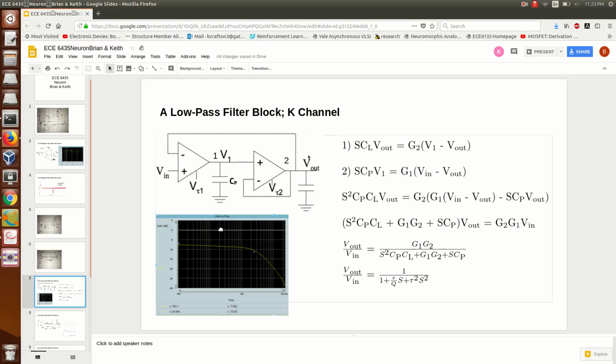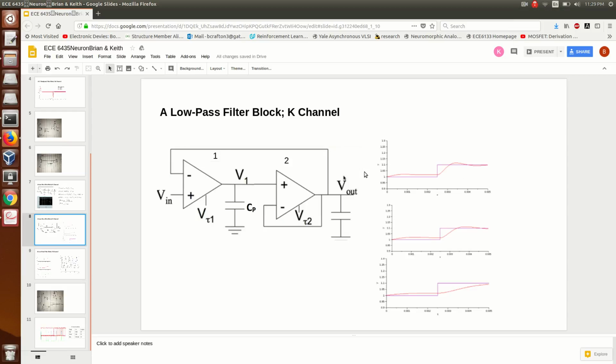So this is the circuit from the previous lab, the low pass filter. We just expect to see something similar here with the low pass filter. As the frequency goes higher, our gain gets lower. The value of change in this lab was our bias current for the OTA in the low pass filter half of our neuron circuit.